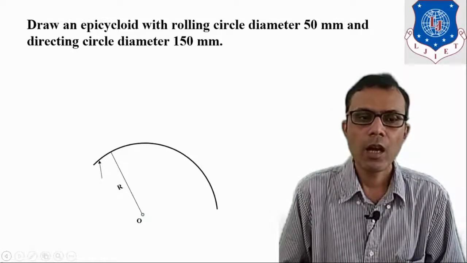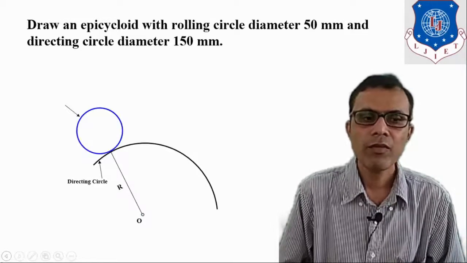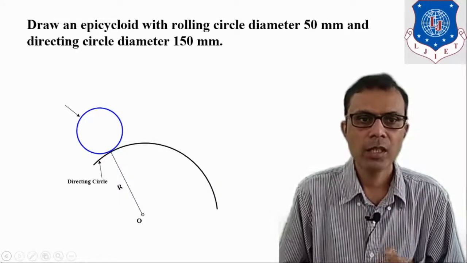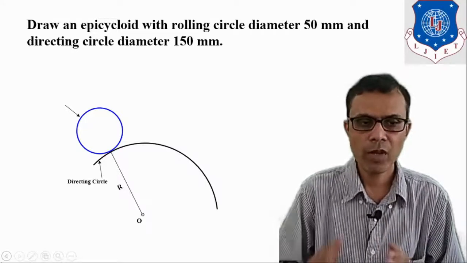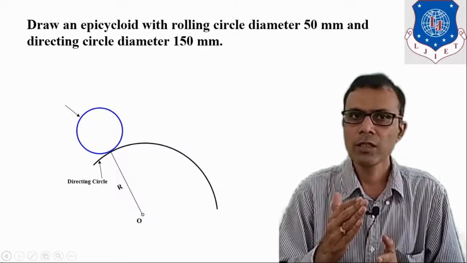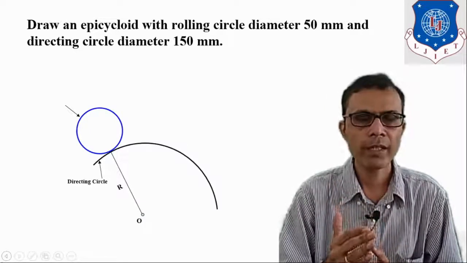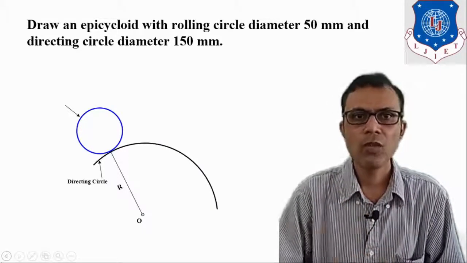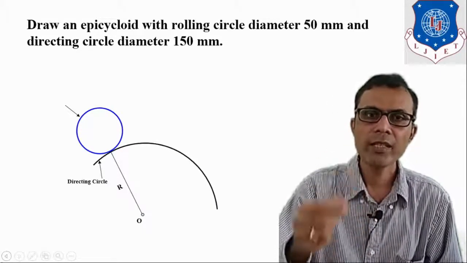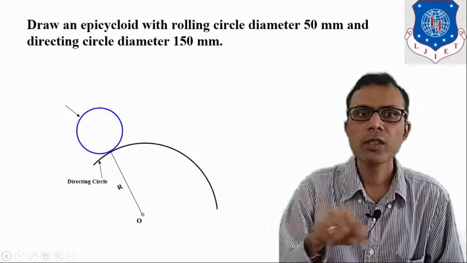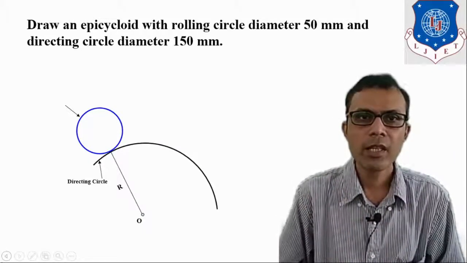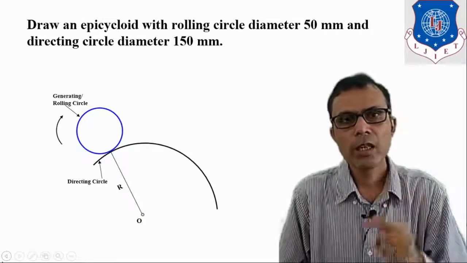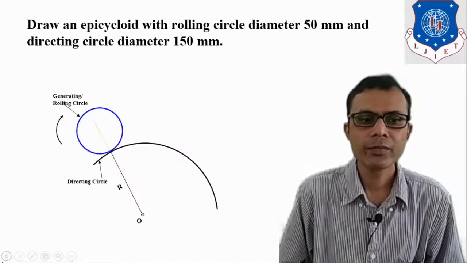Then outside of it, we have to draw the rolling circle with radius 25 mm. We extend the line passing through the center of the directing circle in the same direction, locate the center point of the rolling circle, and with that center draw the rolling circle of radius 25 mm. It rolls in a clockwise direction.